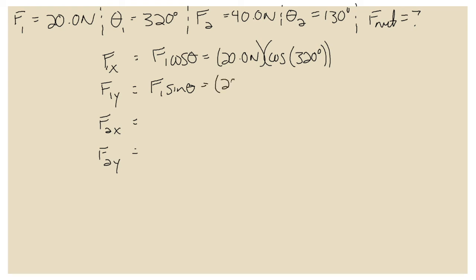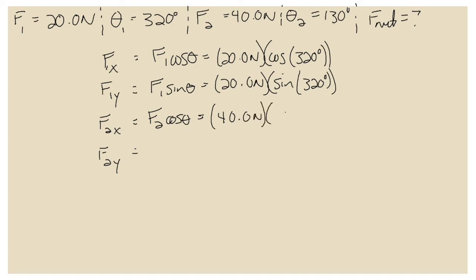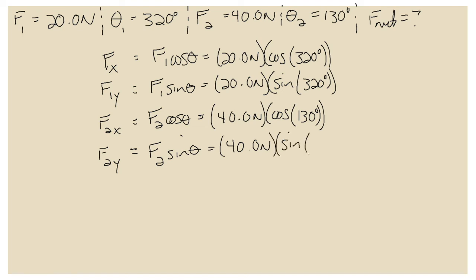And so that'll be 20.0 newtons times the sine of 320 degrees. F2x is F2 cosine theta. And that'll be equal to 40.0 newtons times the cosine of 130 degrees. And F2y, lastly, is F2 sine theta. And that's going to be equal to 40.0 newtons times the sine of 130 degrees.